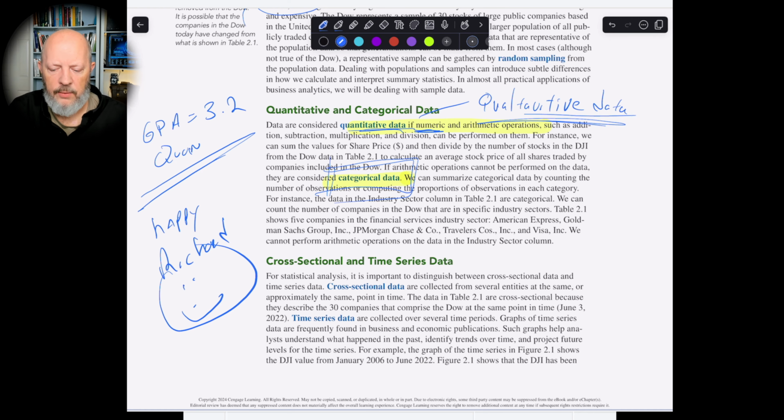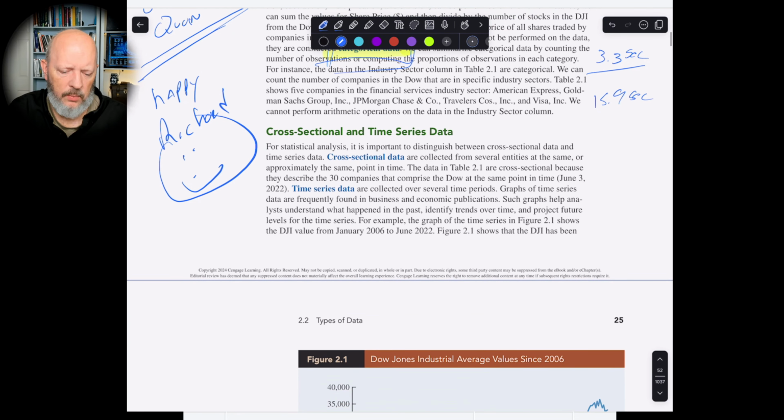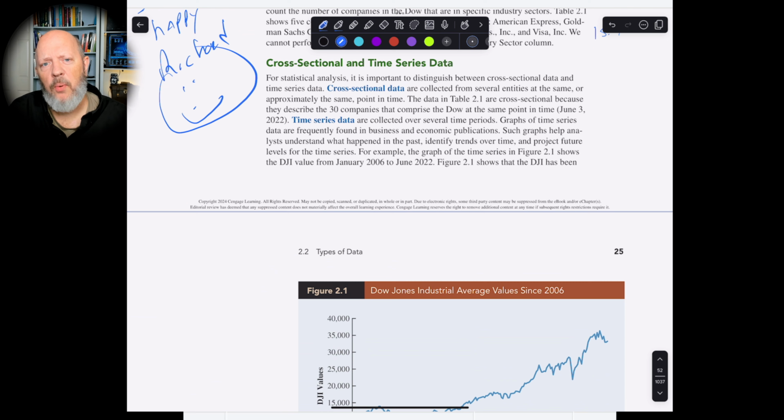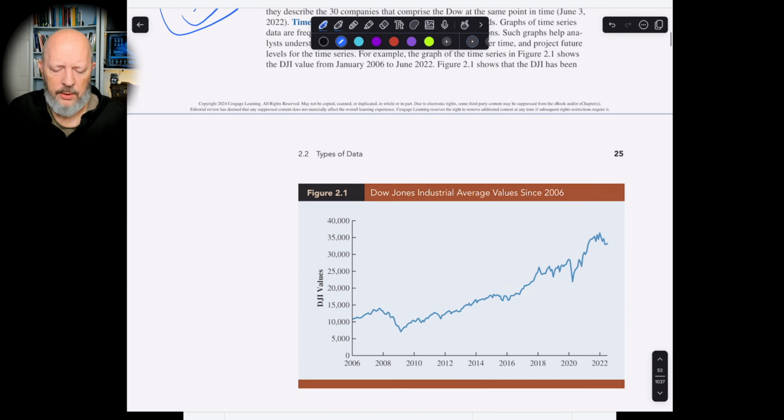Maybe the average runner did it in 3.3 seconds and the swimmers did it in 15.9 seconds. So the categorical variables are first place, second place, third place. It is a way of putting things in buckets. We're going to go into time series in, I think, chapter 9. Time series is super important, but I think it's a little early to jump into it right now.